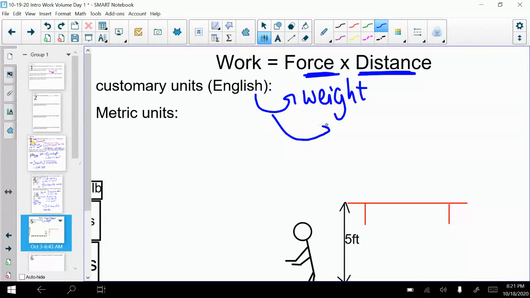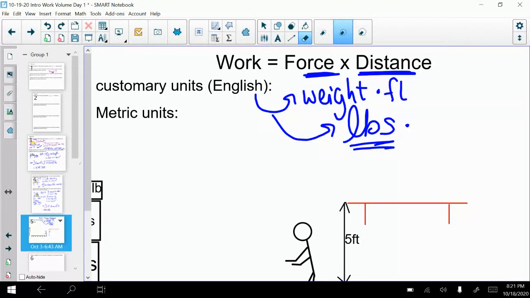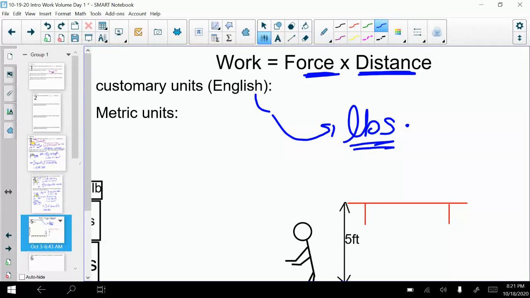So usually in English, we're hearing pounds, okay? So pounds times feet, because it's a force times a distance. Weight is not really a proper force, but pounds are a force in physics, right?